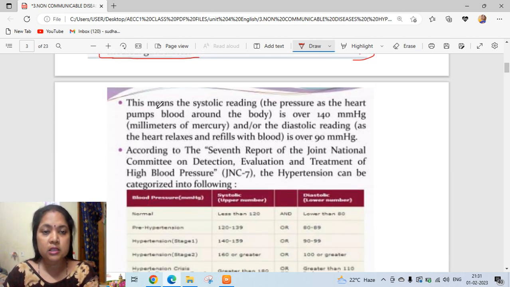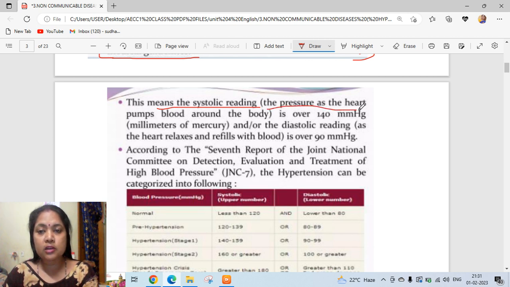This means the systolic reading, the pressure as the heart pumps blood around the body, will be over 140 millimeter mercury. And the diastolic reading is when the heart relaxes and refills with blood.